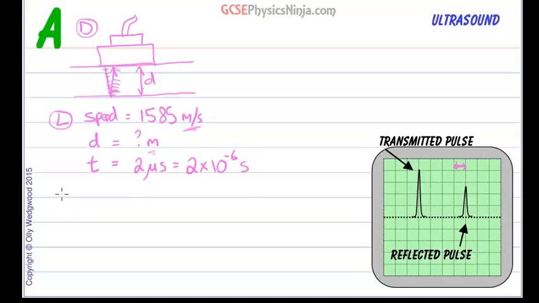Okay, so now it's time for equation. Select the right equation involving speed, distance, and time. Now, some people use triangles to do this. So there's a DST triangle, which you can use. You just cover up the quantity that you want to find.